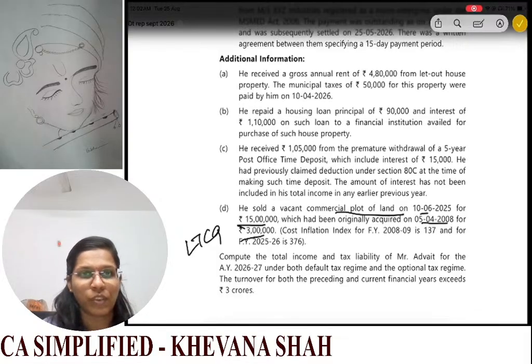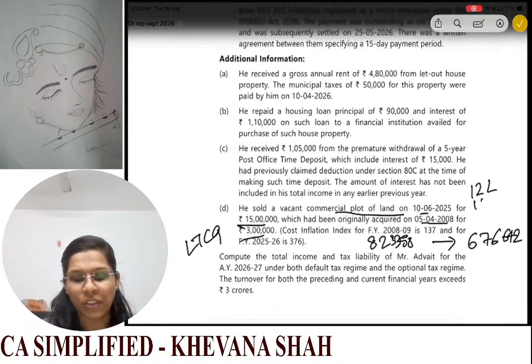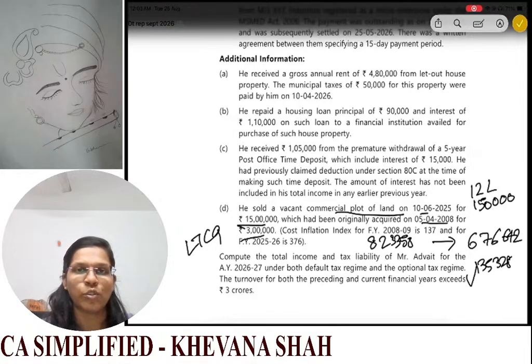So your indexed cost of acquisition comes to 8,23,358. So in that case, your capital gain will be 6,76,642. Okay, and without indexation, your capital gain will be 12 lakh. Now on 12 lakh, at 12.5%, you will get an income tax liability of 1,50,000. On the indexed amount at 20%, you will get 1,35,328. Since this is less, you will be considering this option.